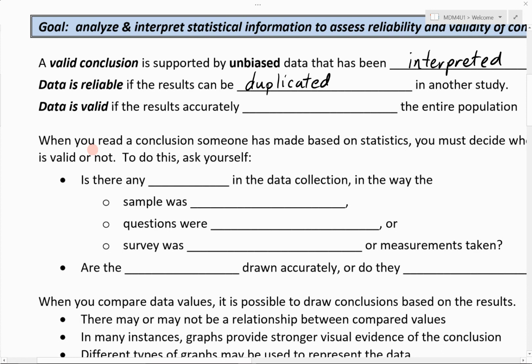So again, data reliability versus validity. Reliability talks about duplication. Validity refers to whether that data supports your entire population, so if the results accurately represent the entire population. What good is it if you're talking about data that you collect from, let's say, Facebook, which collects data from its users?